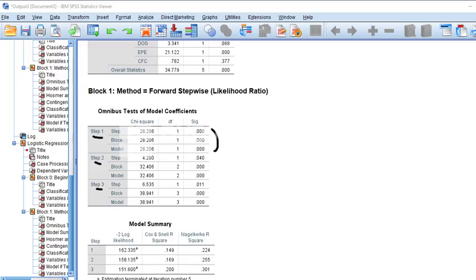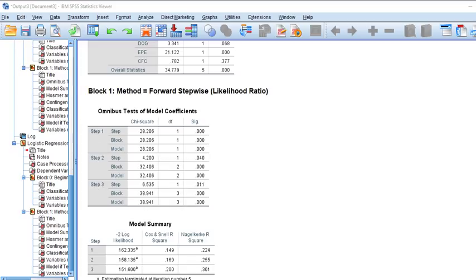And so this is the model chi-square. This is testing the model fit in relation to the null model. But this is actually testing the increase in fit as a result of adding in a predictor at step 2. And then the same basic logic goes for these two boxes here for step 3.